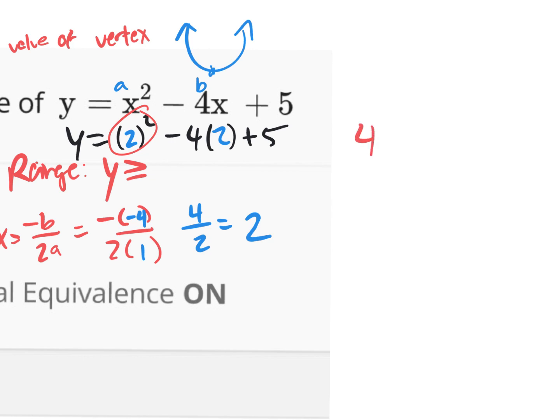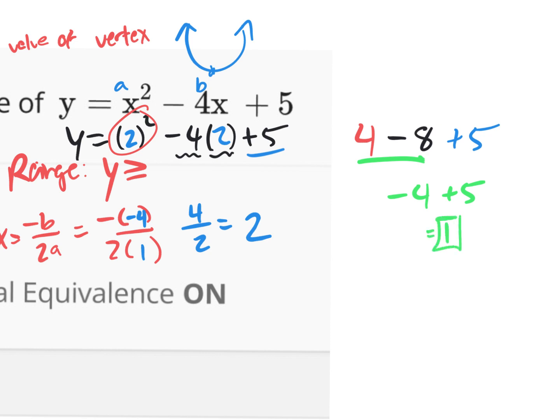And then right here I have -4 times 2, that's going to be -8. And then we have the +5 at the very end. So from left to right, 4 minus 8, that's -4. Bring down the +5, -4 plus 5, that is 1. And that is the y value, because it says y equals. We found the y value of the vertex.